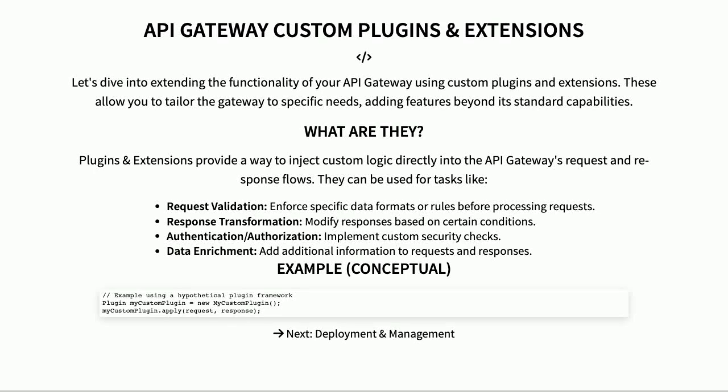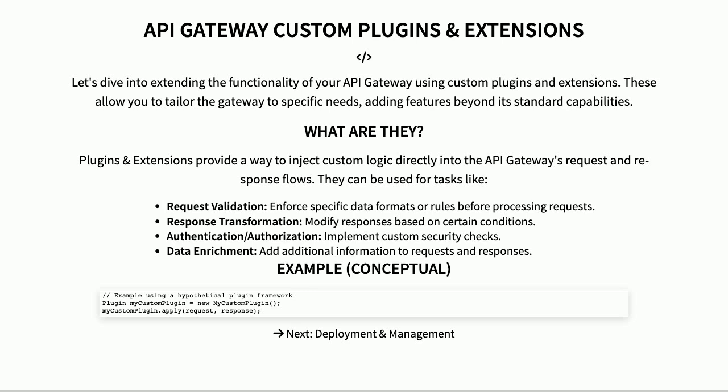Okay, let's talk about extending your API gateway. We can do this using custom plugins and extensions. Think of them as little helpers that add specific functionality beyond what the gateway offers out of the box. These aren't just for simple things. You can use them to validate data coming in, transform responses based on conditions, even implement custom security checks.